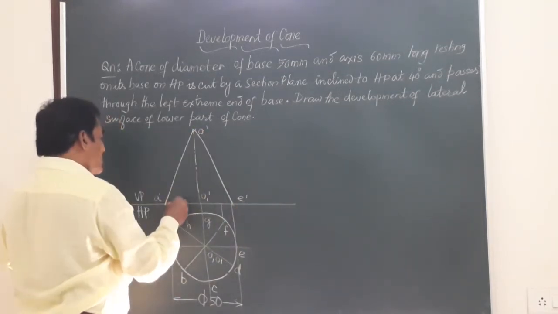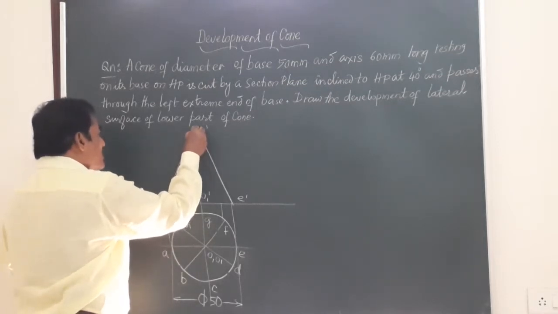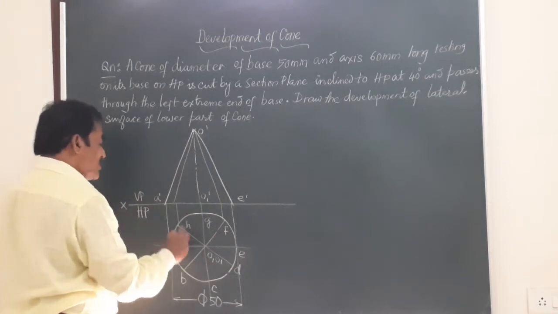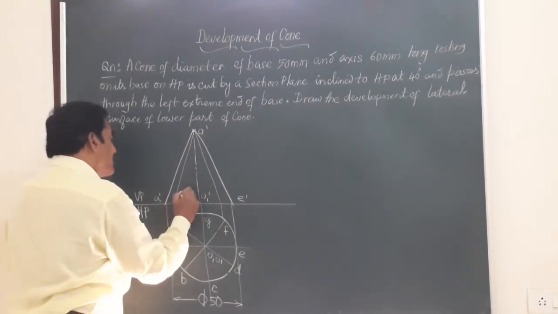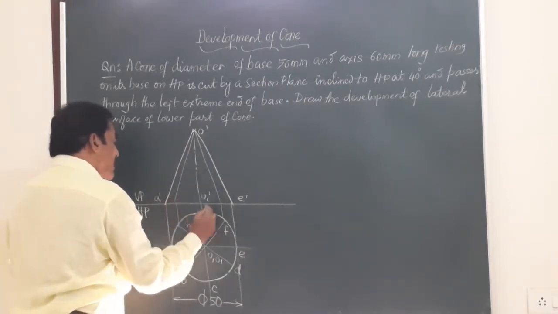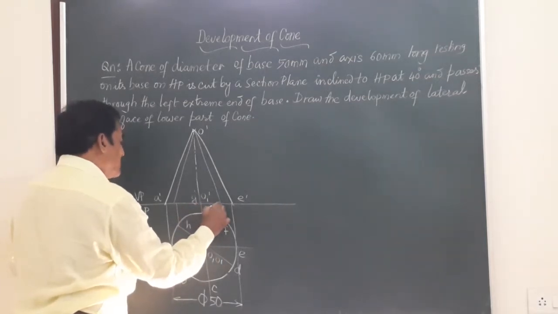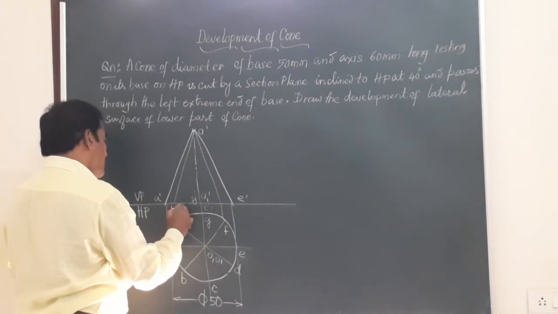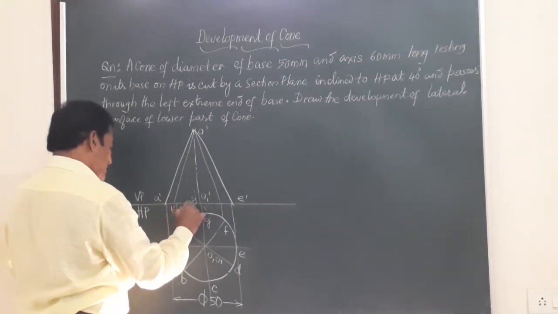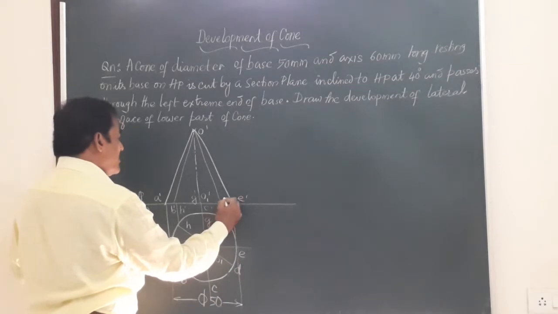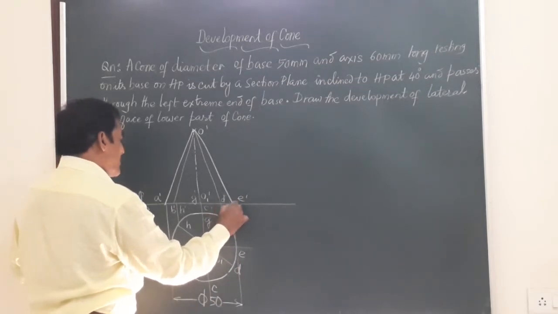Join this vertex or the apex to all these base points. So this is going to be B dash comma H dash, this is G dash, and this is C dash, this is B comma H, BH, CG, and this is DF, D dash comma F dash.